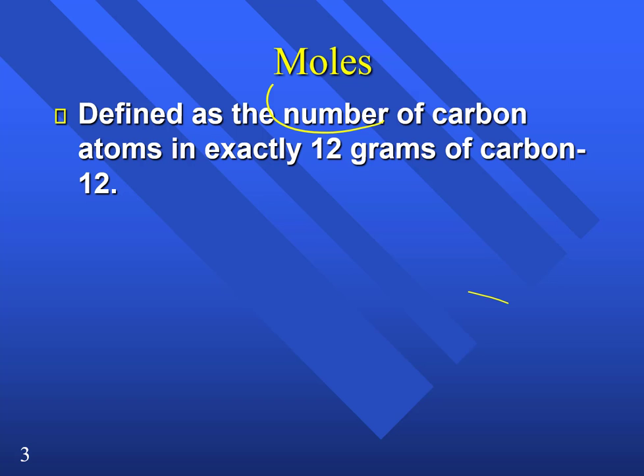After that, it says the number. The mole is a number. Just like dozen is a number. Dozen means 12. Mole means a much bigger number than 12. The number of carbon atoms in exactly 12 grams of carbon-12.